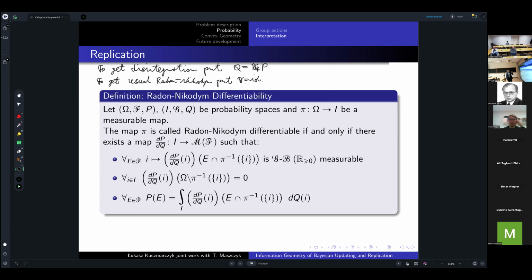You simply take the Radon-Nikodym derivative of this direct image with respect to pi, and this with respect to Q, and the difference in support will be taken care of by the set of zeros of the usual Radon-Nikodym derivative. I hope that answers your question, Adam. Thank you. Sure.